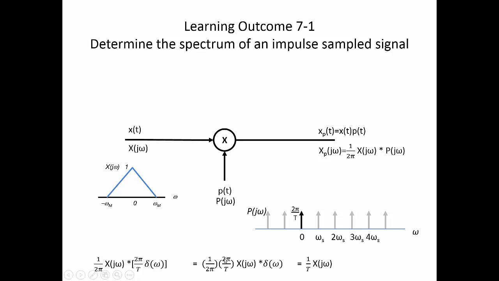The product of these two constants is 1 over T. The convolution of these two terms, from the sifting theorem, is just X of j omega. And therefore the result will look like this, because we're going to take an X of j omega, which had a maximum value of 1, scale it by 1 over T, and we're not shifting it any.